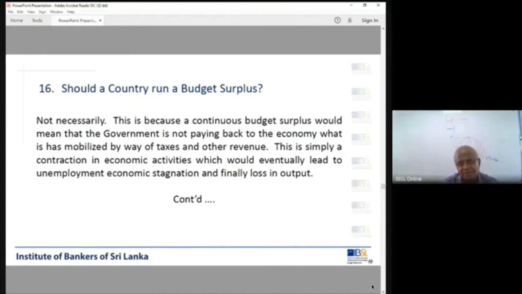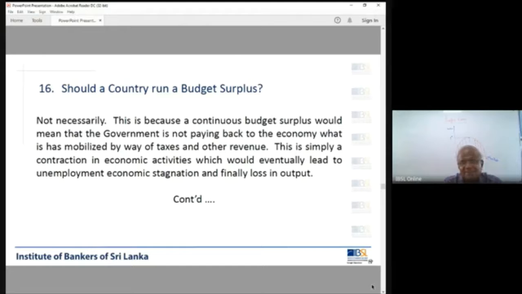This is simply a contraction in economic activities. If you keep maintaining a surplus, that is not good. No investment projects, no employment. You don't contribute to GDP. No economic activities, which would eventually lead to unemployment, economic stagnation, and finally loss in output.